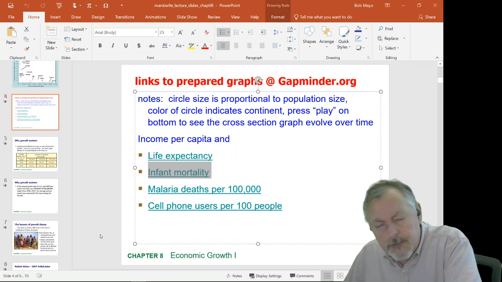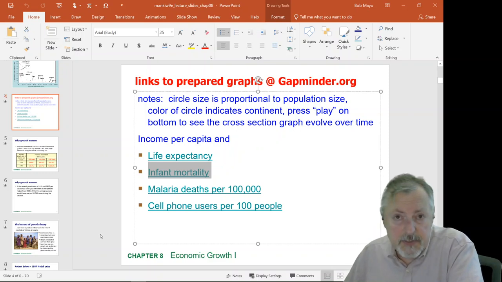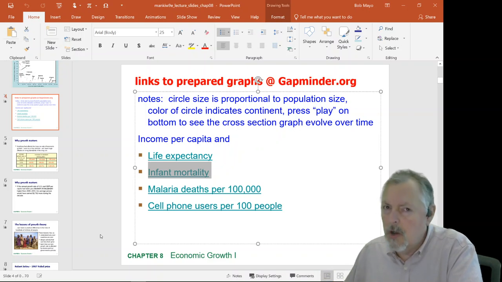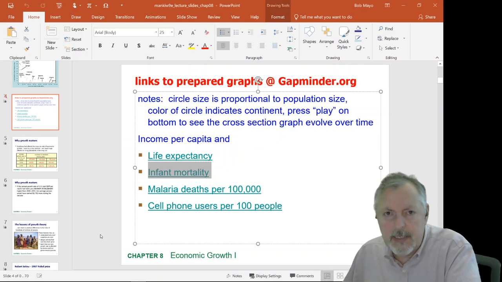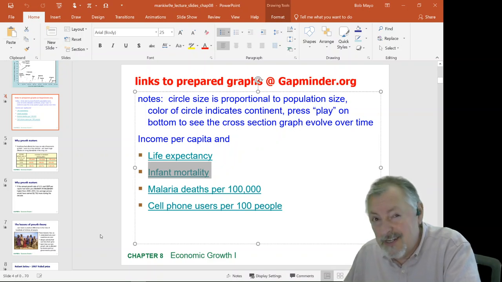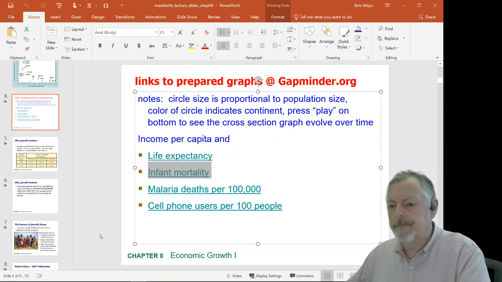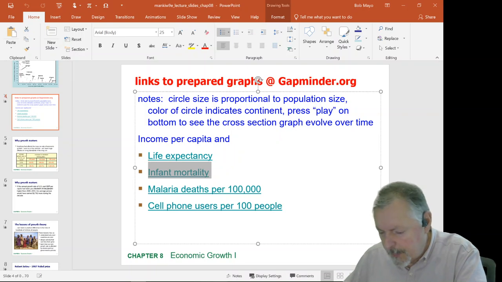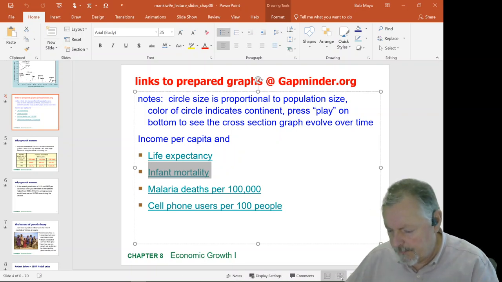In some countries, like the United States, you're almost guaranteed that your baby will live. In other countries, that's not true. Economic growth has a very real effect on people's lives. So I'm not going to go into that further right now.